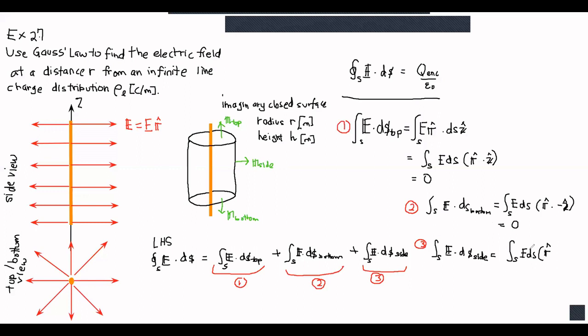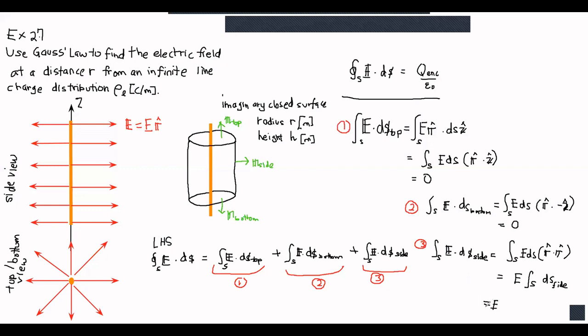So here we have the dot product between two same vectors, which is equivalent to cos 0. The angle between these two is 0, so cos 0 is 1. So we are left with E dS for the side surface. The side surface is a cylinder with radius r and height h, so we can solve this one.